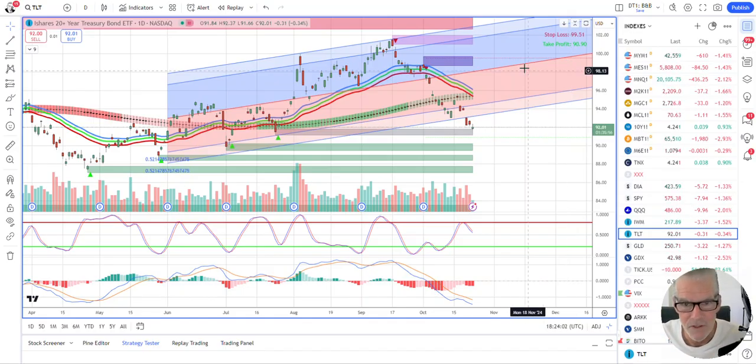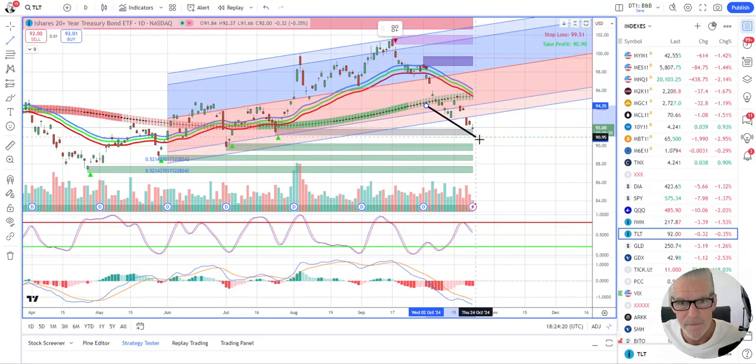And you're going to see we're at one right now. This is a gray box, so it's not as strong as these green boxes down here, and it may be that we need to get down to 90 on TLT before we get the bottom. But from a risk perspective, this is not a bad place to get on board some bonds.